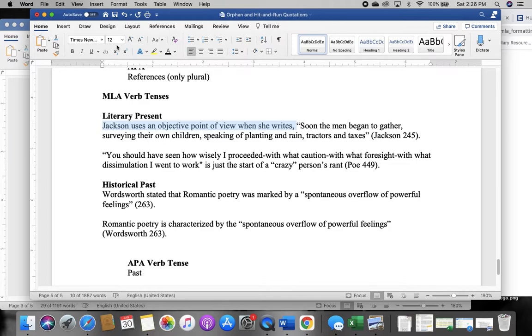But just to, again, this student, it's not the most exciting signpost, but they have a signpost, and they are also using the literary present here.